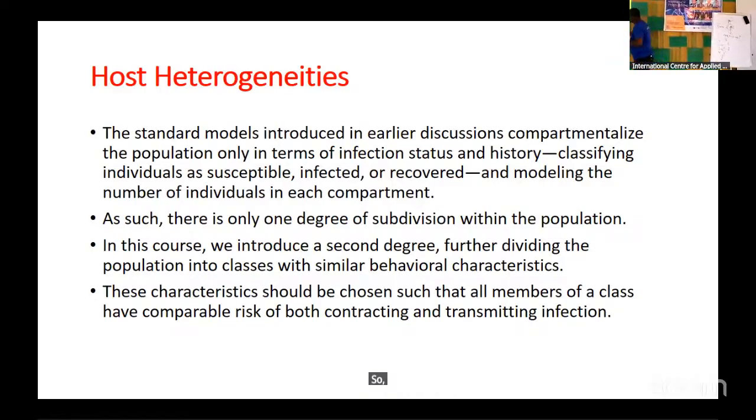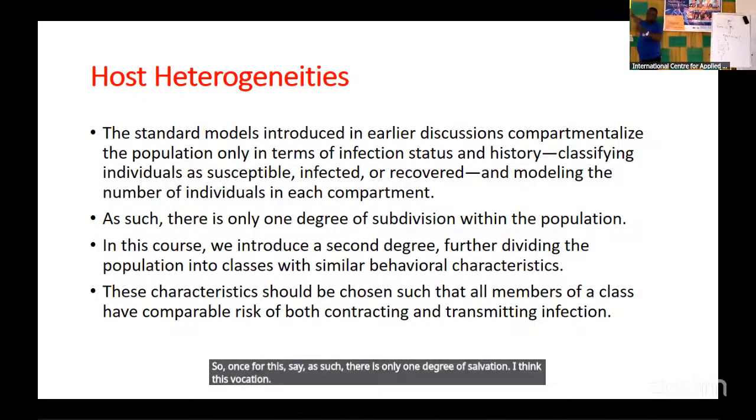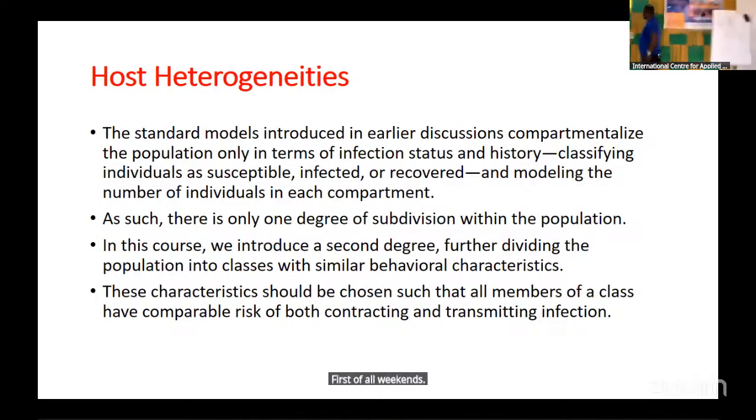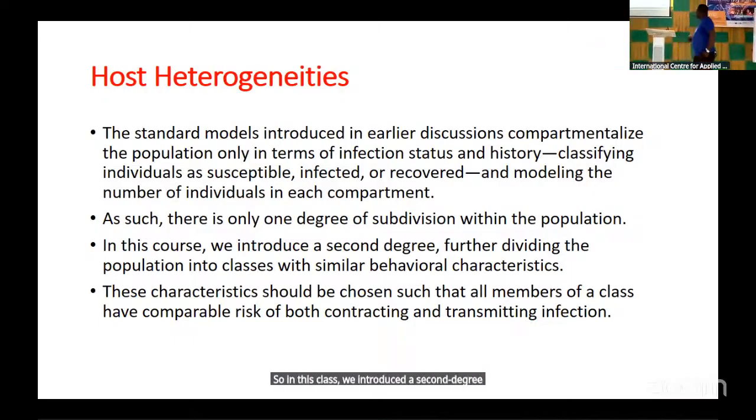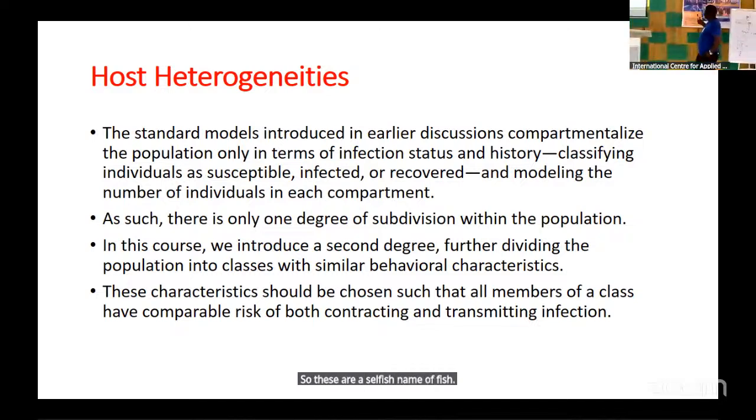But for the standard models, there is only one degree of subdivision within the population. In this course, we introduce a second degree, dividing the population into classes with similar behavioral characteristics, chosen such that all members of a class have comparable risk of both contracting and transmitting infection.